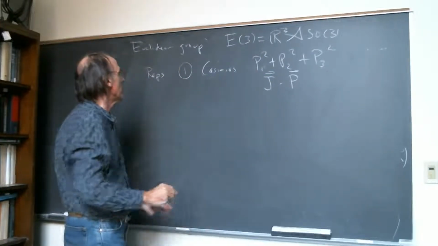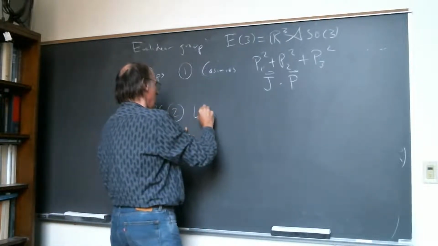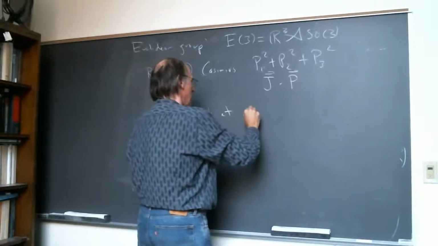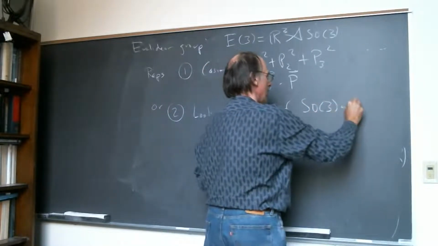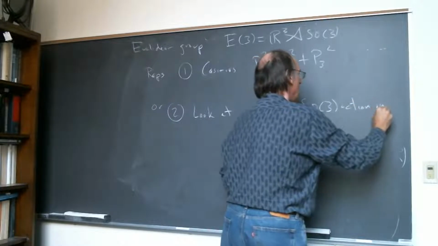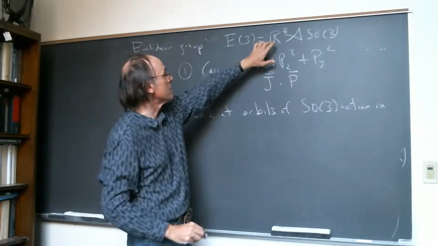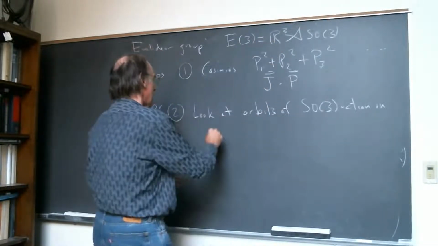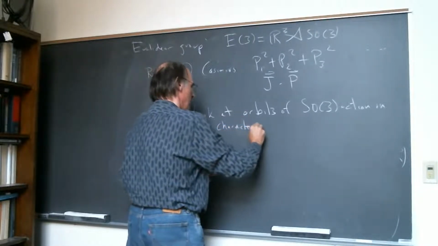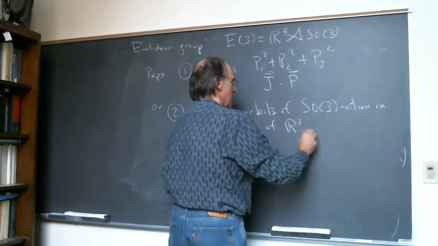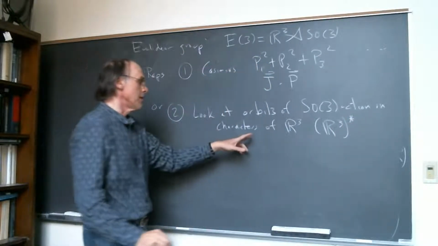Now, I'll say some more in a minute. Or we can look at orbits of the SO3 action on momentum space, which was the space of characters of R3, and you can think of that as just the dual space of R3.